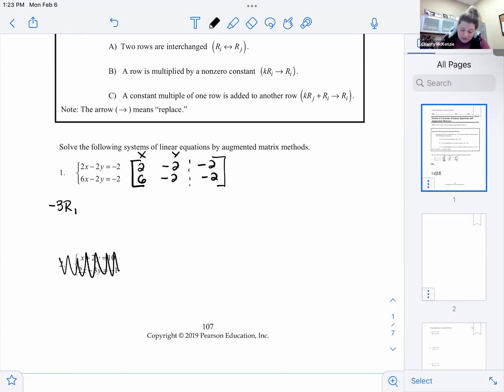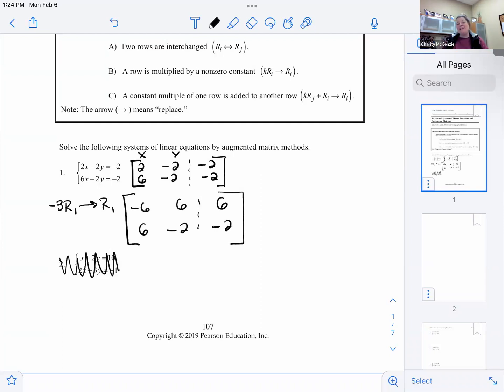Okay, then I'm going to replace it onto row 1. Can you just write 3 times row 1? Sure. But we're replacing it with the arrow. That's what that means. So this becomes -6, +6, +6. Okay. Man, those are pretty equal numbers. Then the bottom stays the same because we only did something to row 1.